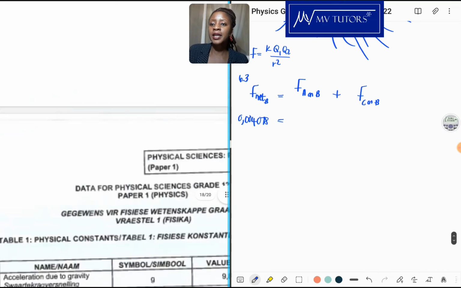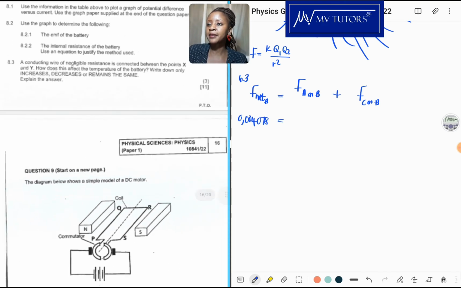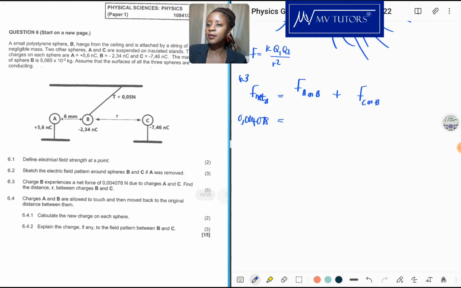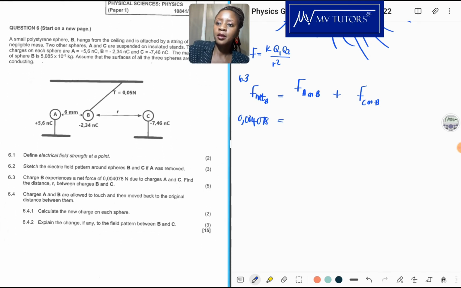So now getting to A and B, let's go back. A on B, you have your constant K, which is 9 times 10 to the power 9. For A, we have a charge of 5,6 times 10 to the negative 9.